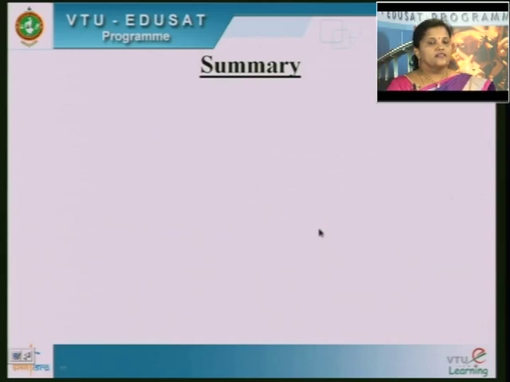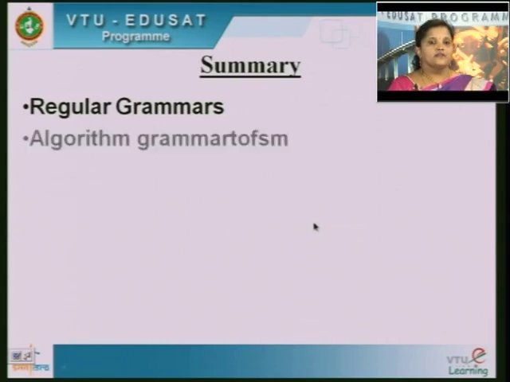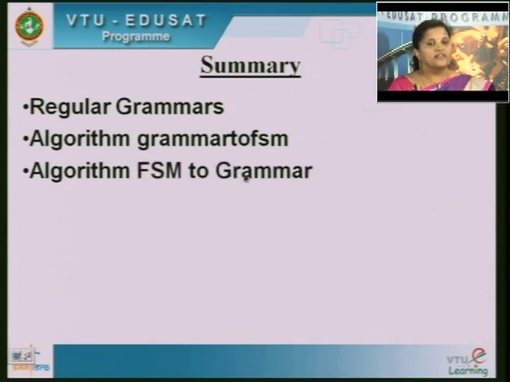Let us summarize what we have discussed. First, we discussed regular grammars. Next, we saw the algorithm where we constructed the FSM from the given grammar. Next, we considered the algorithm for FSM to grammar.